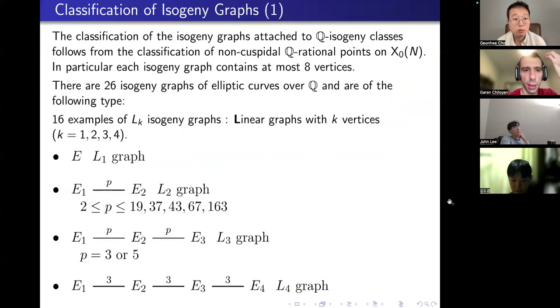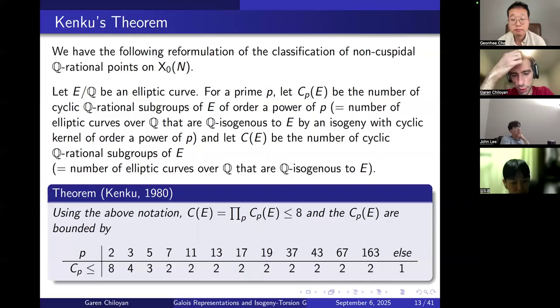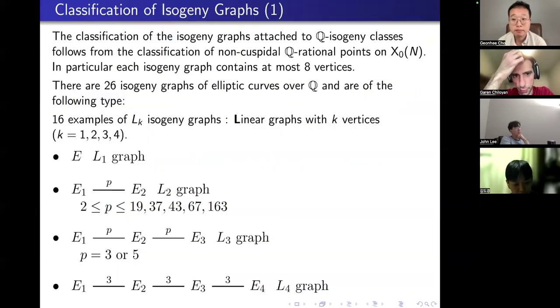And so we can use this theorem to classify all the isogeny graphs. So we can do that now. Isogeny graphs, I said before, were where we take a class of elliptic curves that are isogenous to each other, and we make a graph out of them.